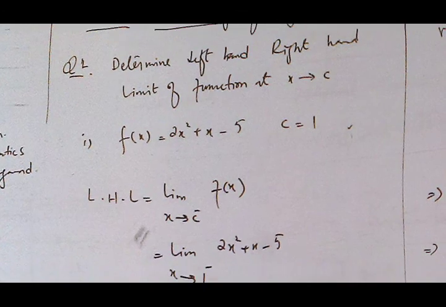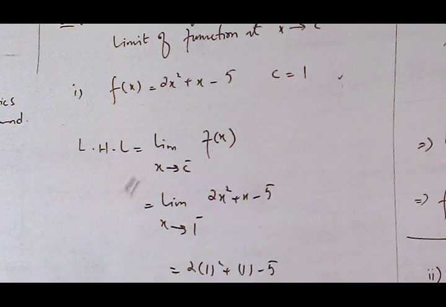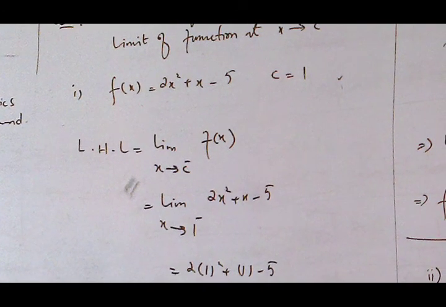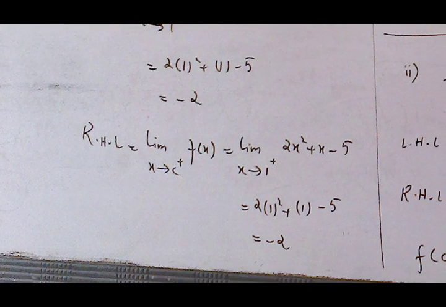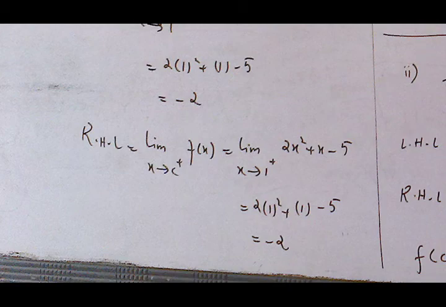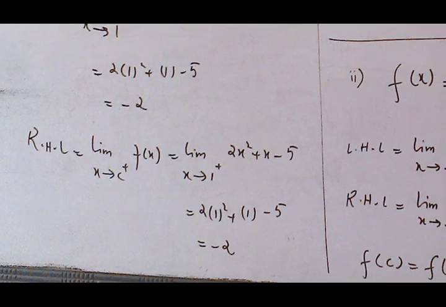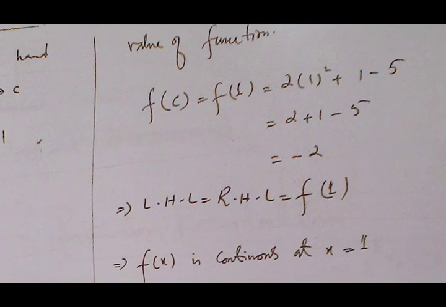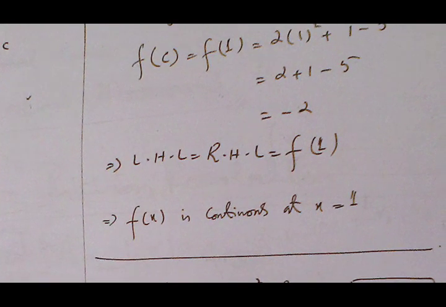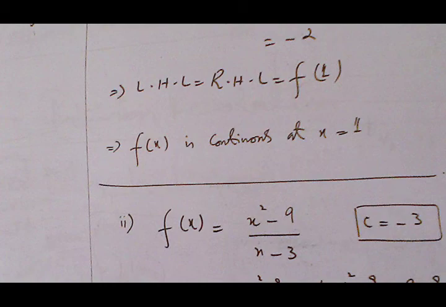We apply the left hand limit. It gives answer 2, and then the right hand limit. The plus sign above shows the right hand limit. It gives the same, and then f of c. All the values are same, therefore the function is continuous.